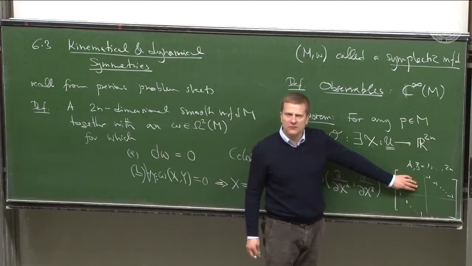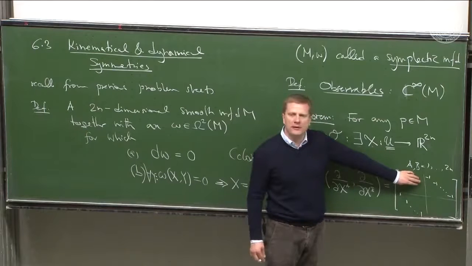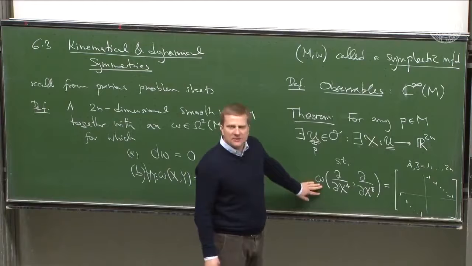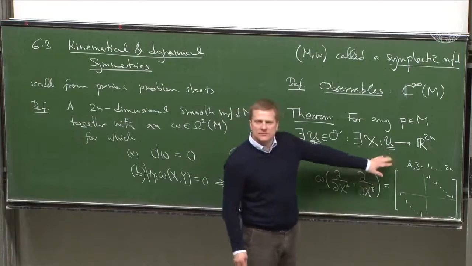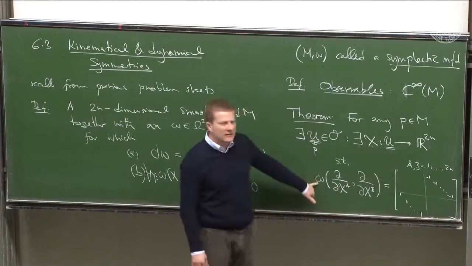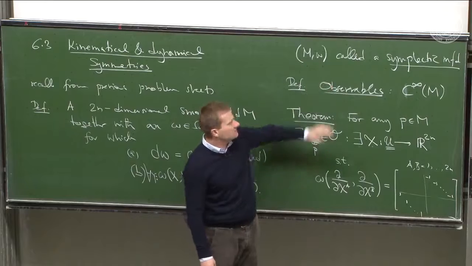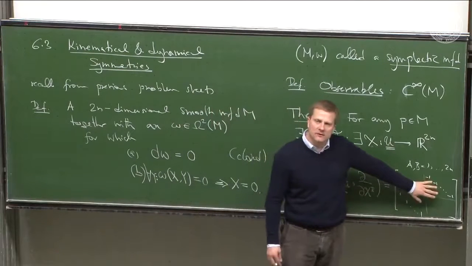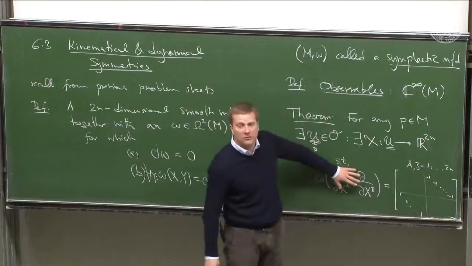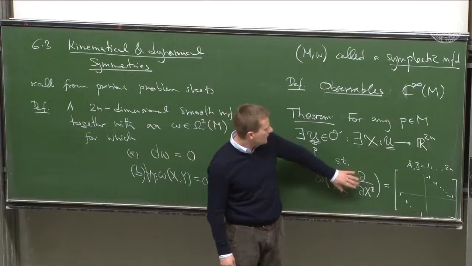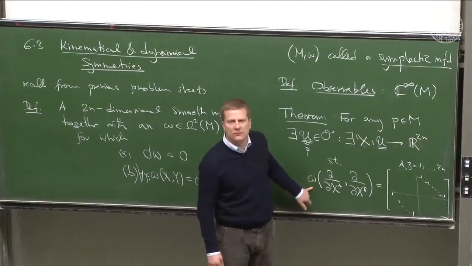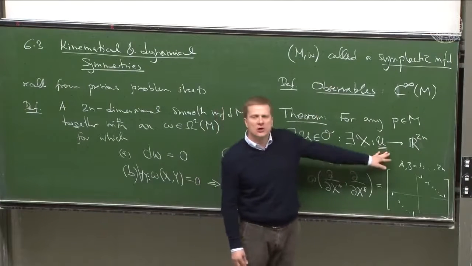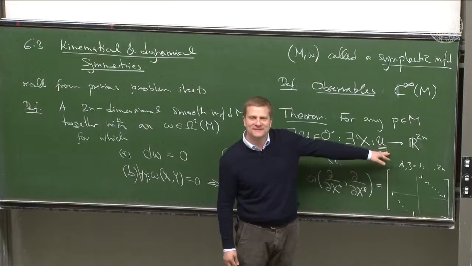For a metric manifold, that's not possible. You could do this at a point, but not in an extended region. And whenever there is a coordinate system in an extended region such that the geometric structure you have, that's a tensor field you equip the manifold with, has constant components with respect to the coordinate system, then we call the manifold flat. So one statement here could be: a symplectic manifold is locally always flat.